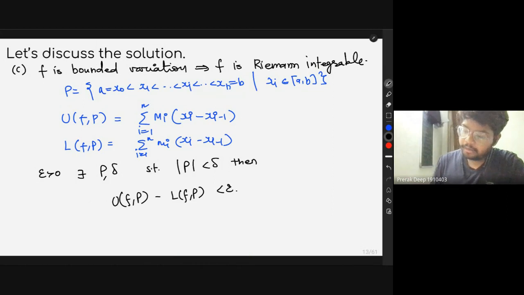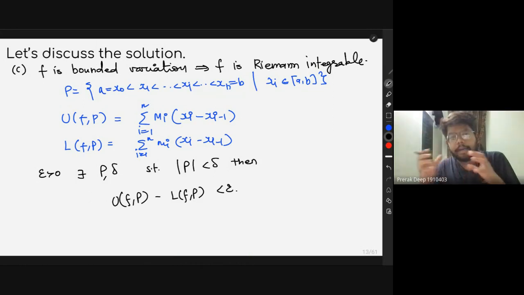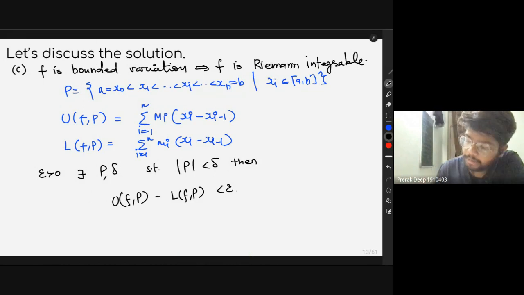So first we take a partition. We can make our partition as small as we want by breaking our interval into uniform subintervals.